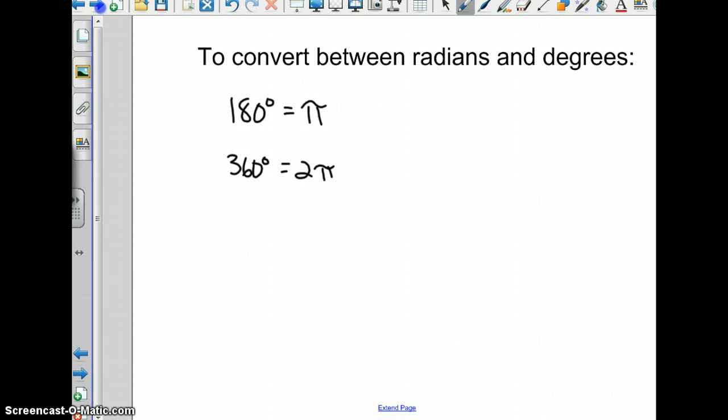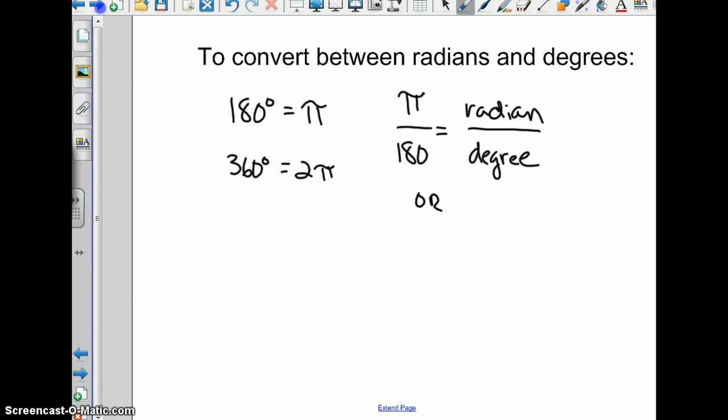With that in mind, if we want to convert between the two, we're going to use just a ratio and some cross multiplying. The ratio of pi over 180 degrees is equal to whatever the radian measure will be compared to the degree measure. It's just a ratio. If we increase the radians, we increase degrees.